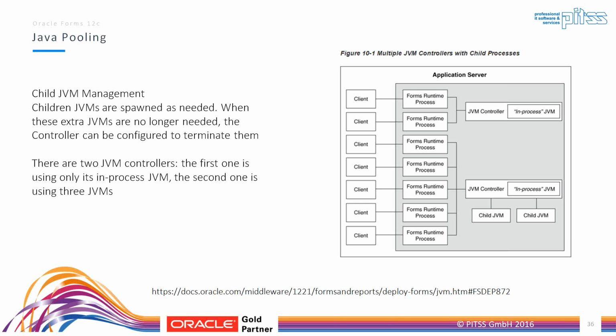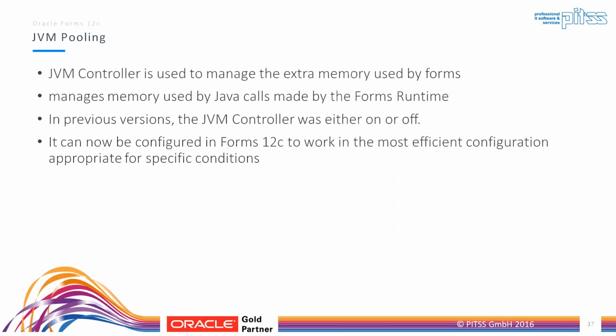The second one is using 3 JVMs because it has child JVMs as well. And that's now where the JVM controller comes in, because the JVM controller is used to manage the extra memory used by Forms and manage the memory used by Java calls made by the Forms runtime.